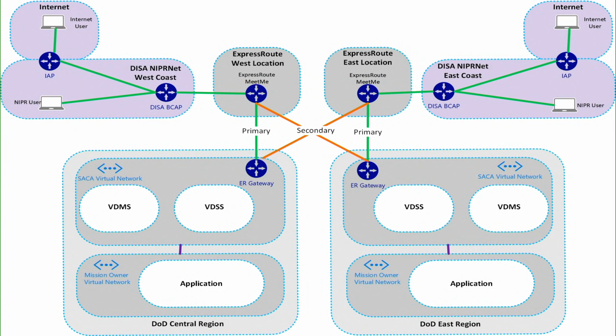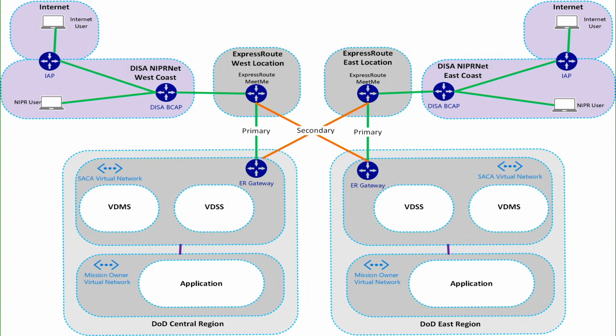Great. And so they'll usually connect that over 2 different ExpressRoute locations, one on the East Coast, one in the more central United States, to connect to these boundary caps. And then they will deploy their VDSS functionality that you saw in that hub VNet that we were showing earlier, and their VDMS, they'll deploy that in sort of a hub in 2 different regions, both DoD East and DoD Central.